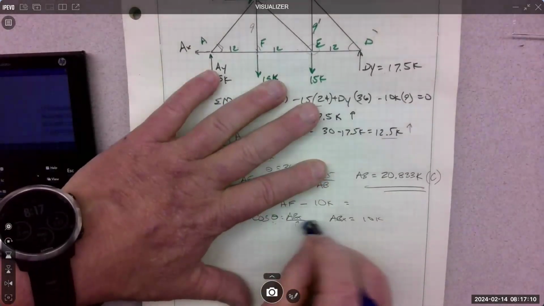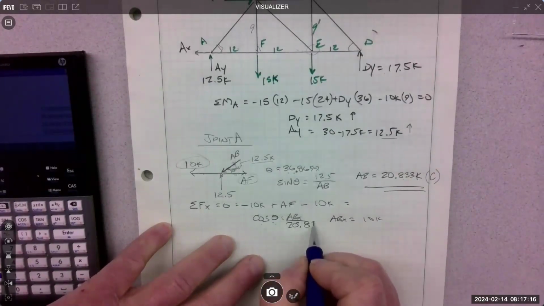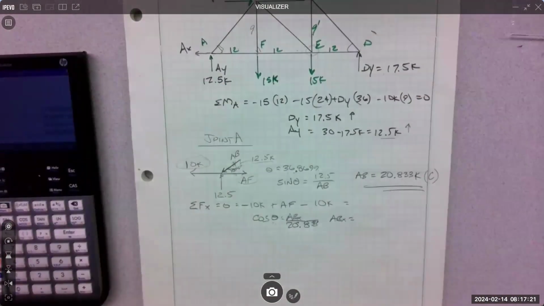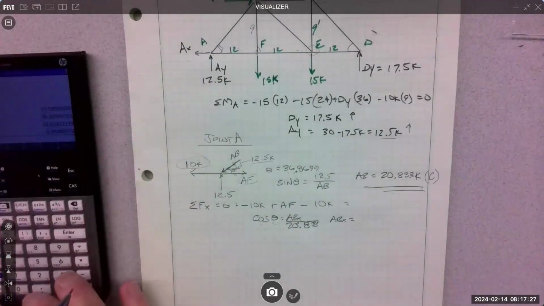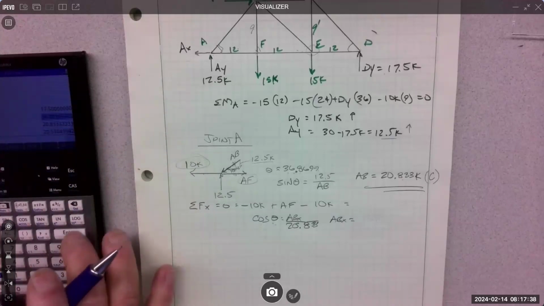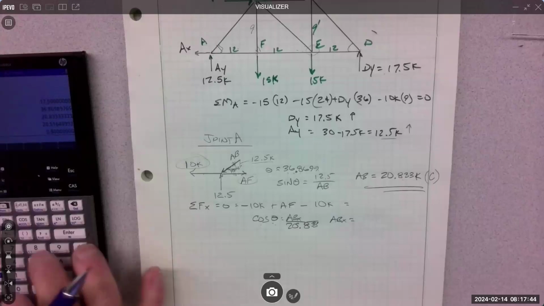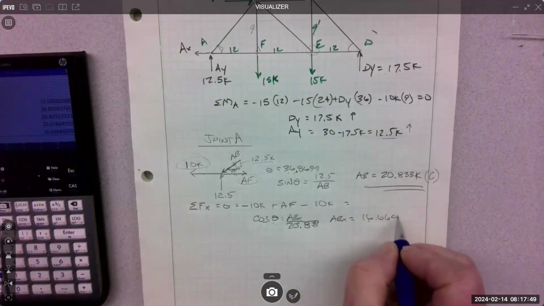It's not 12.5, you guys, AB is 20.833. Can't let me make those mistakes. There's no way this could be 10K. Cosine is 0.8 and 20.8 times that is 16.664K.